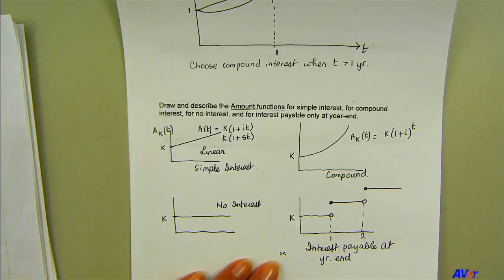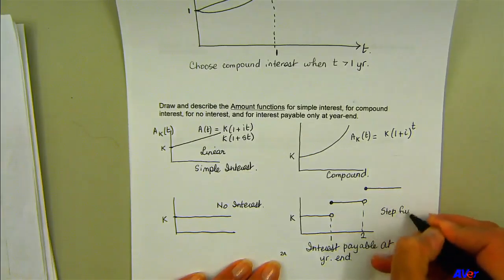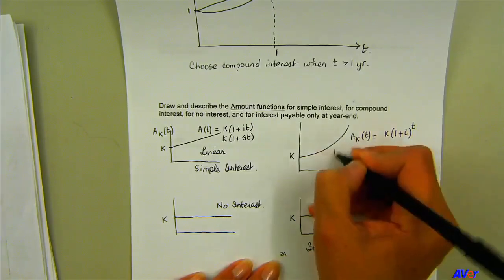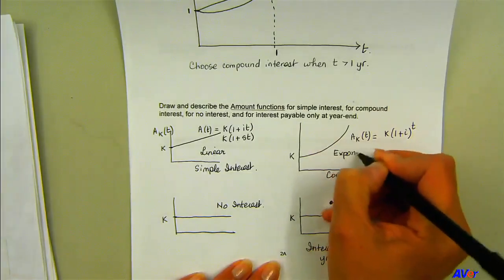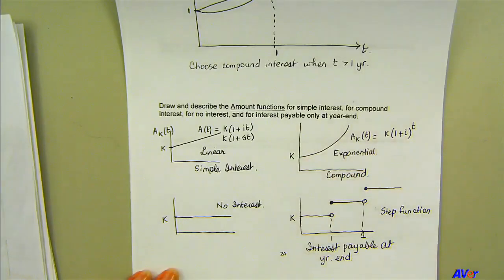We talked about all these 4 scenarios before. This is a step function. This is exponential. Let's go to the next page.